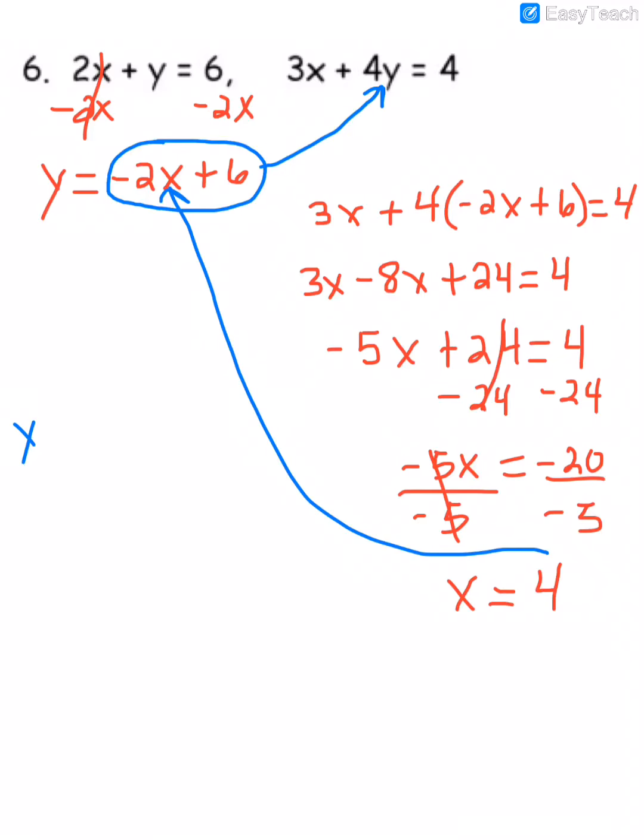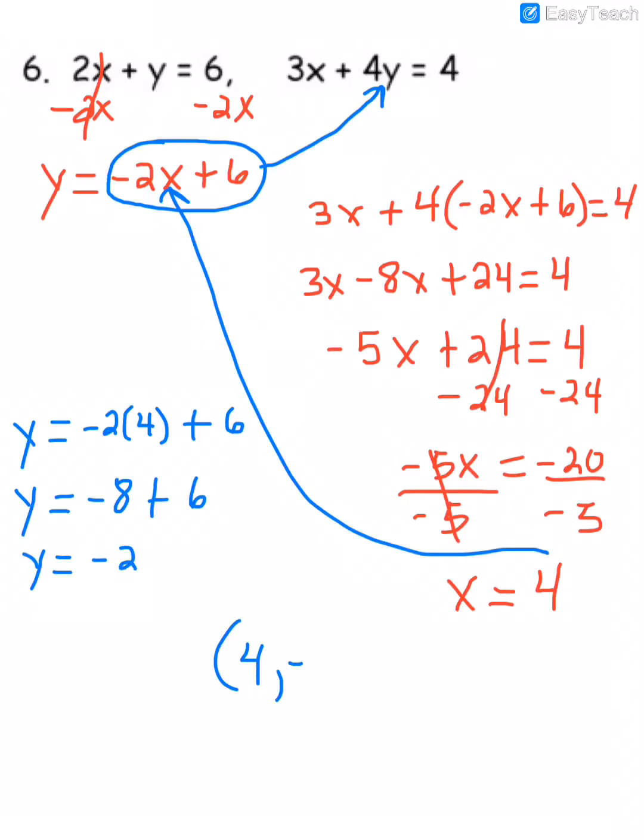So that gives me y equals negative 2, and I'm plugging in 4 for x, plus 6. So that would be negative 8 plus 6, which is negative 2. So my solution is 4, negative 2.